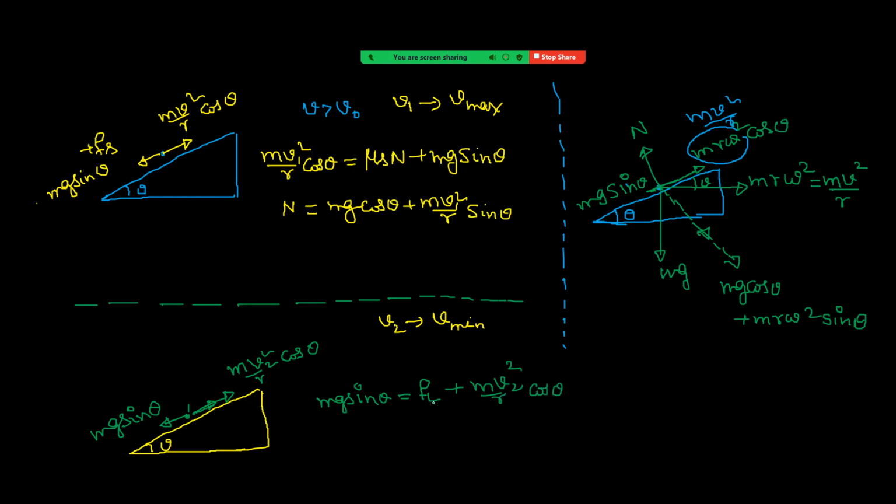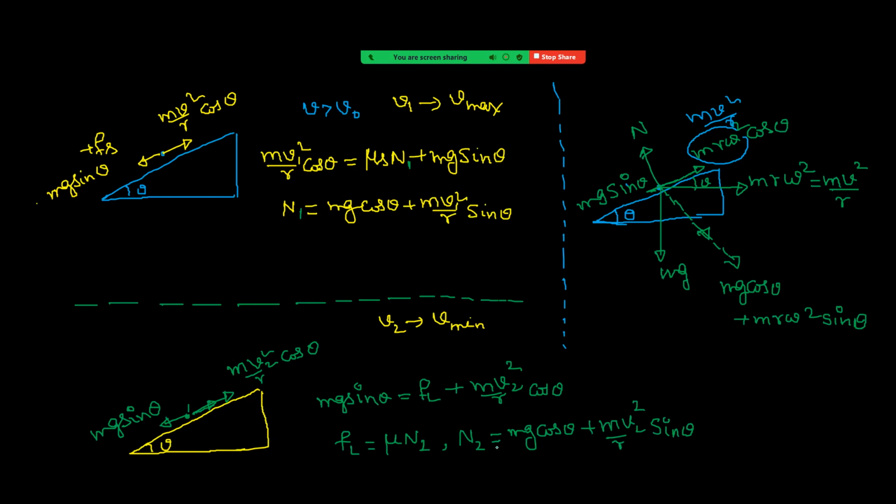Now in the place of limiting friction we take mu into n. Let us take the earlier n value as n1 to avoid confusion, and this one as n2, mu n2, where n2 equals mg cos theta plus m v2 square by r sin theta.